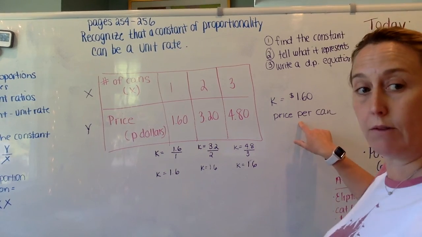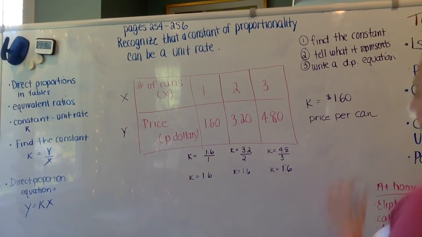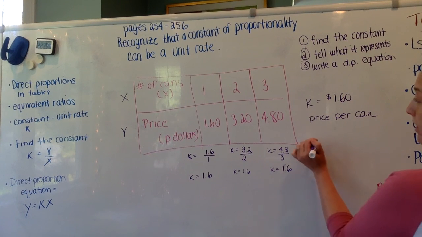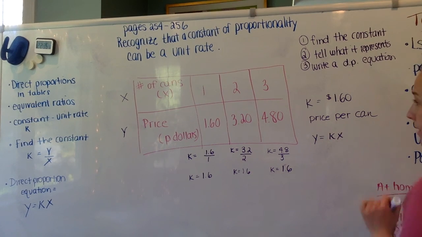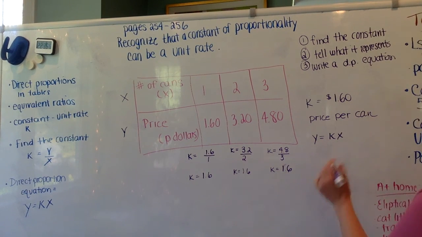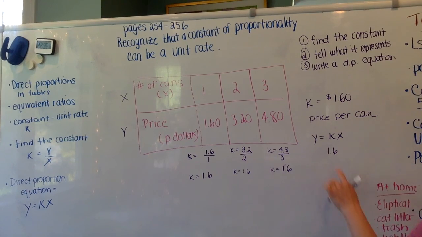All right, so the constant represents the price per can, and then write a direct proportion equation. So remember, that's that equation which is Y equals K times X. In this case, I know the constant's 1.6.